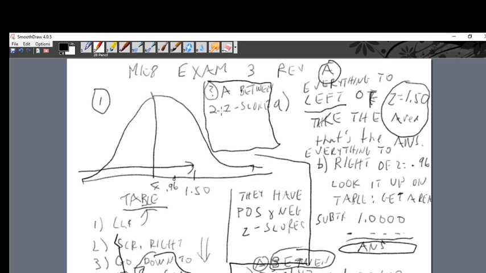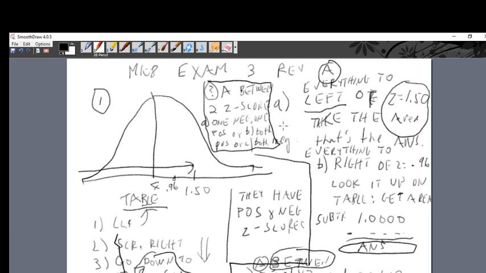then no matter what, whether one's negative and one positive, or both positive, or both negative, you always subtract.